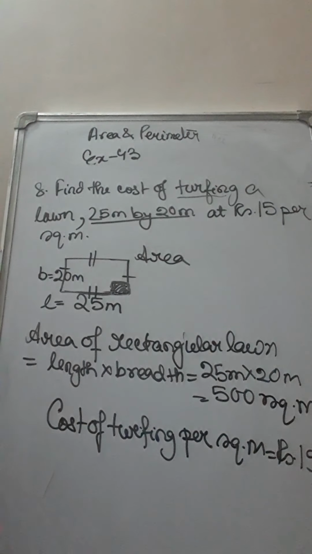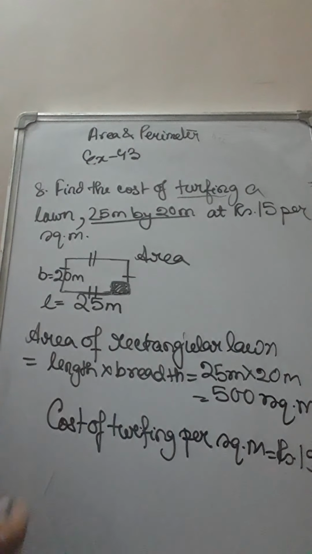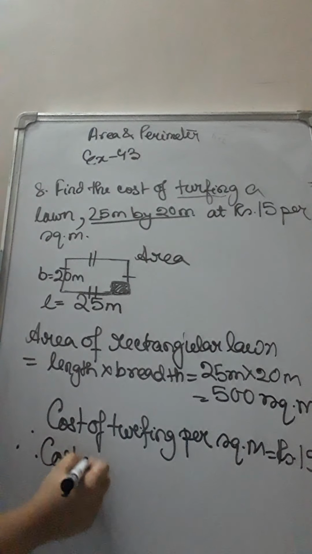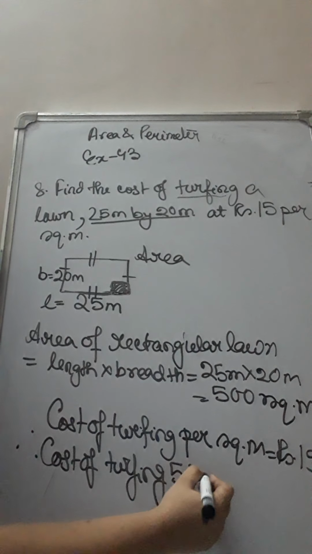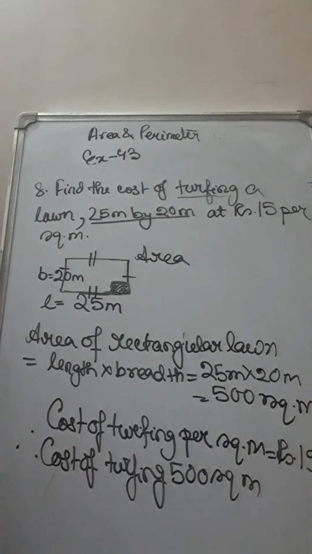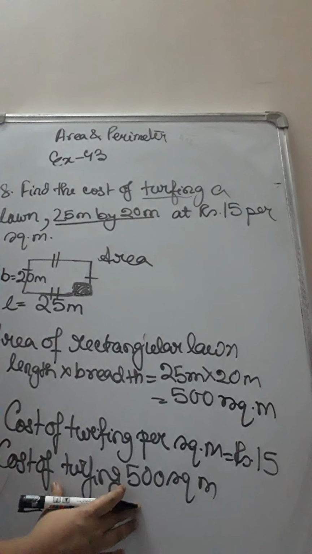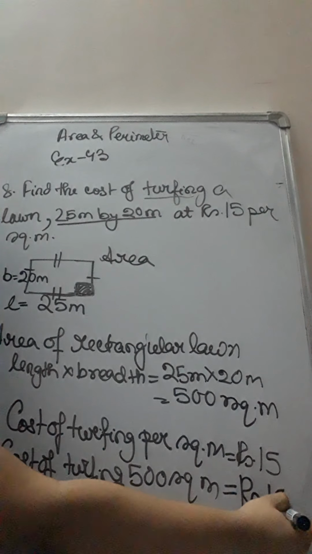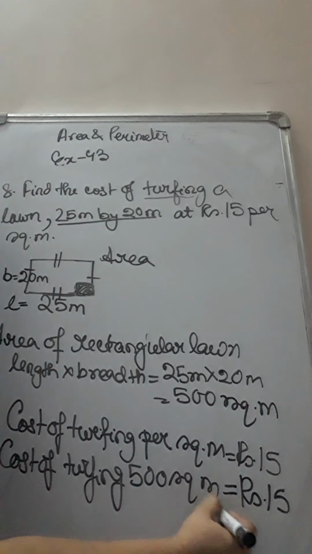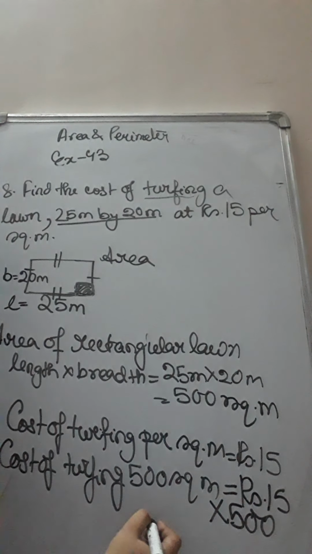And if the cost of 1 square meter of space is given, therefore the cost of turfing the entire space, that is 500 square meters, will be definitely more than rupees 15. So what do we do when the required value is greater than the supplied value? Rupees 15 is only the cost of turfing 1 square meter. With that we have to multiply the total area, that is 500, to get the value of putting grass in the entire lawn.